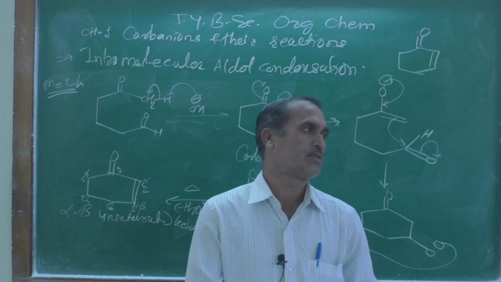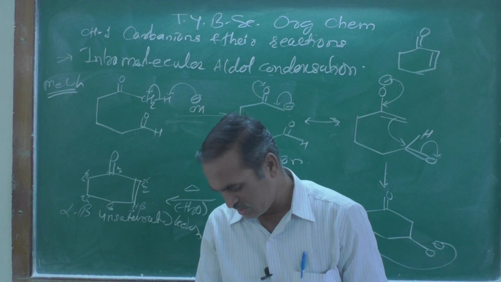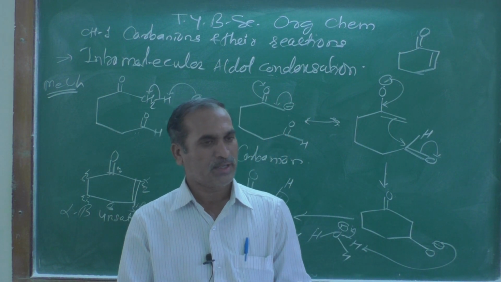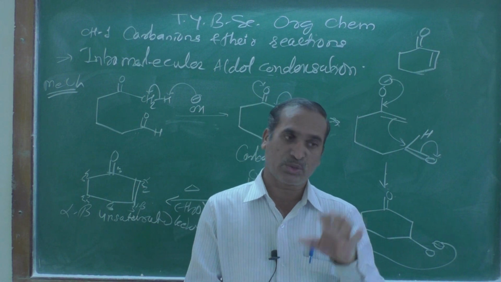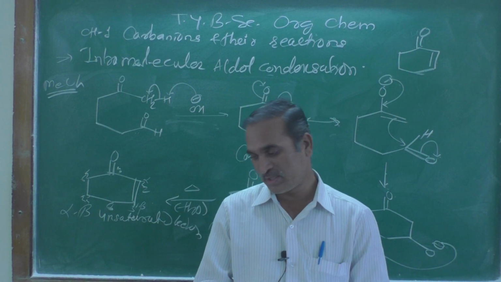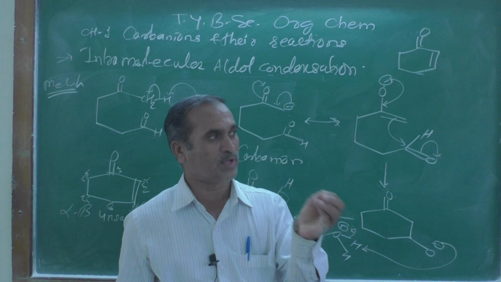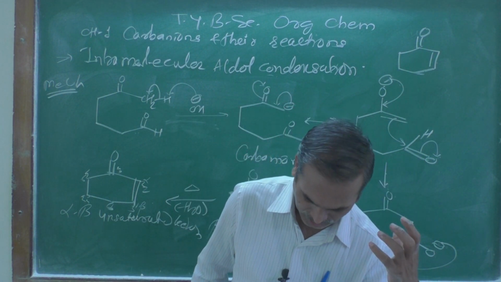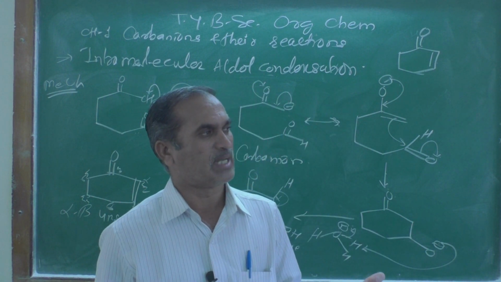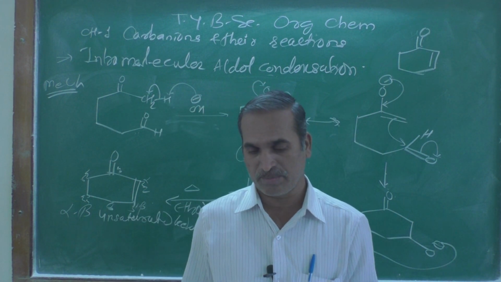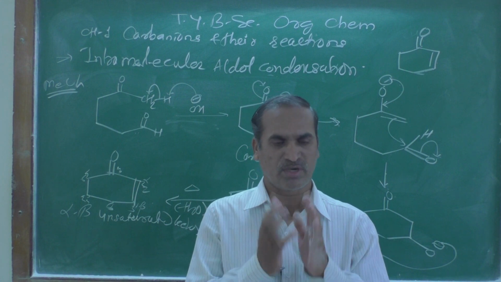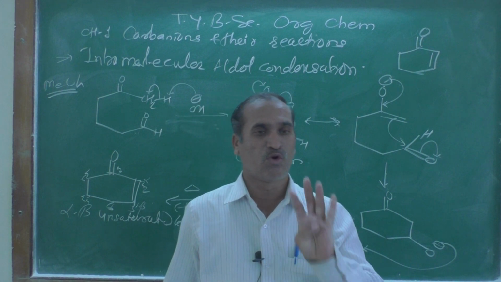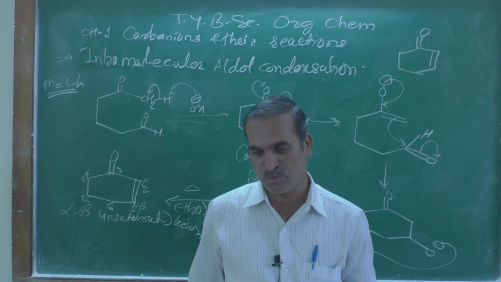Because these reactions proceed via carbanions, there are two kinds of nucleophilic reactions: one is nucleophilic addition and the other is nucleophilic substitution. And in this particular chapter, 4 famous reactions we are going to learn.